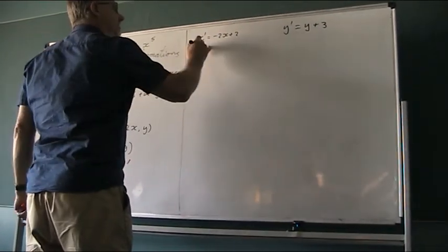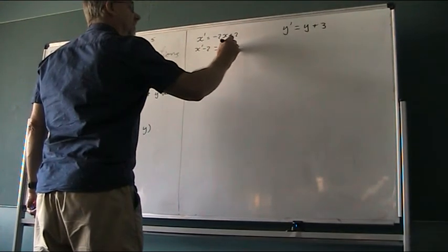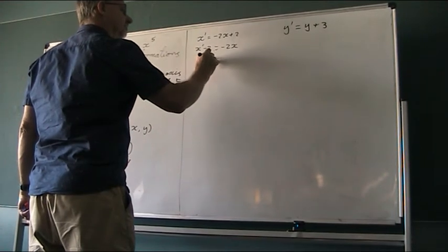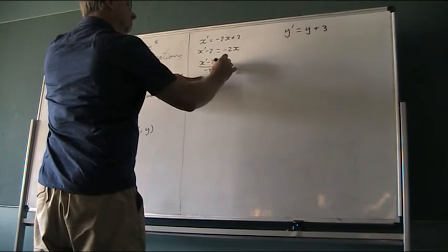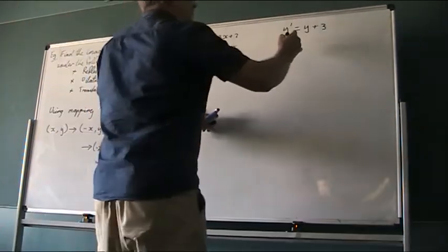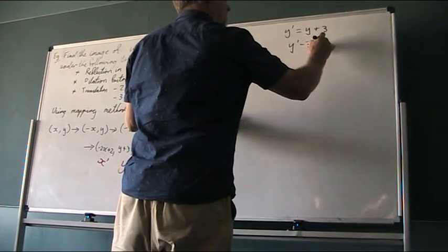So if I take 2, I get that. If I then divide by negative 2, I get that. And with the y, take 3 there.